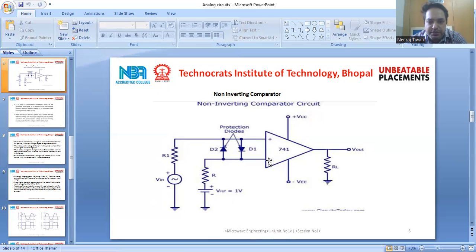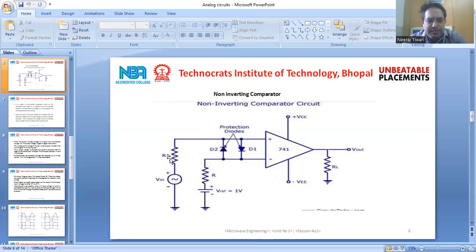And here you can see the reference voltage we have applied at the inverting input terminal, and the two diodes D1 and D2 are added here. These diodes are treated as protection diodes, because one diode protects from excessive voltage from the reference voltage, and the other protects from excessive voltage of the op-amp.